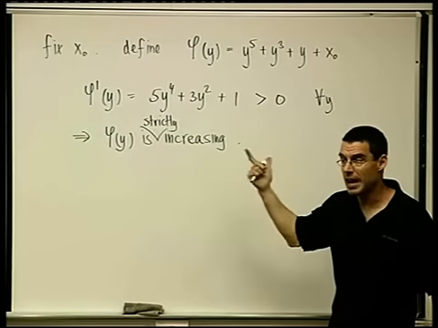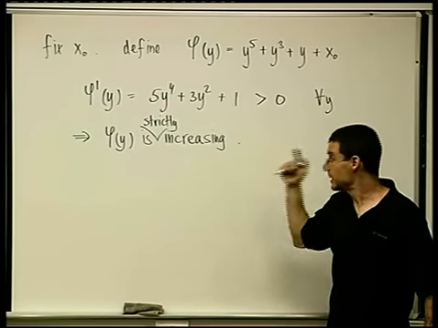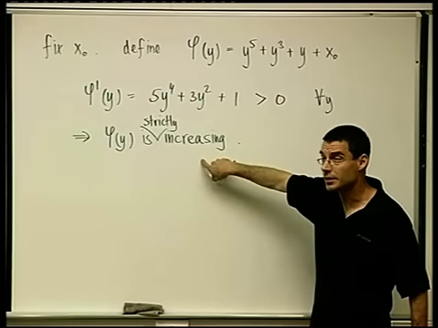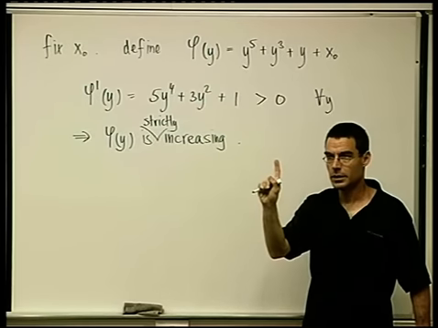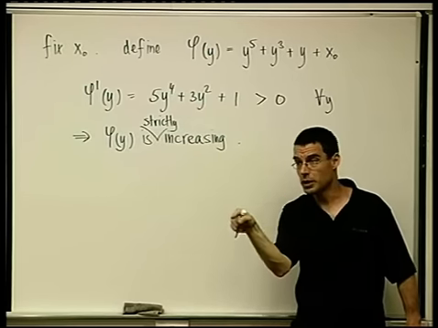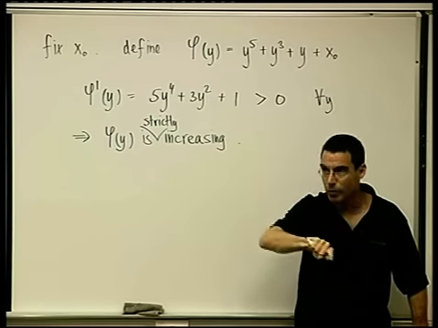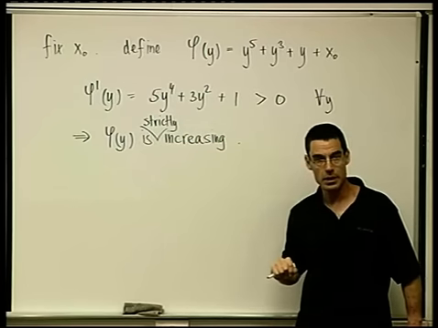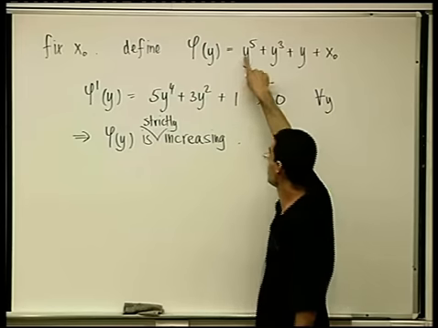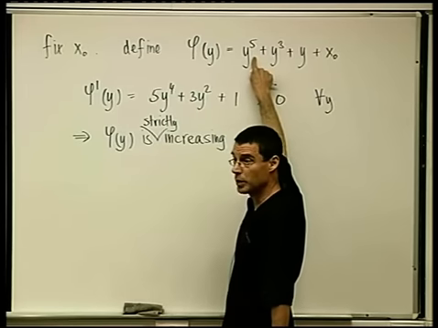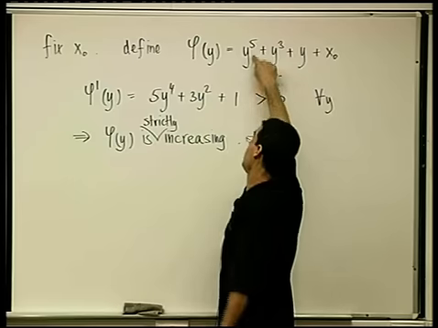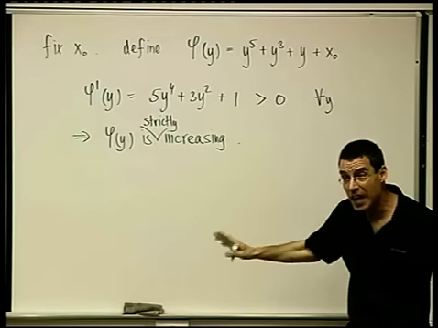How many roots can it have? It can have 5, but it's strictly increasing. Only 1. If it were to have more than 1 root, it would no longer be increasing, right? So as a polynomial of degree 5, it has at least 1 root. As a polynomial of degree 5, it has at most 5 roots.